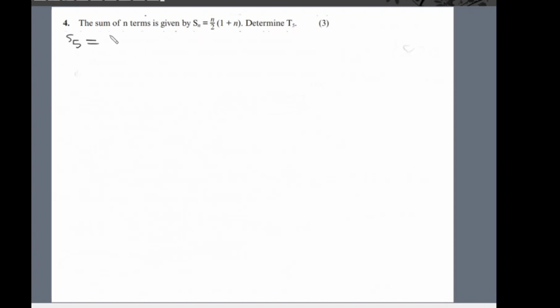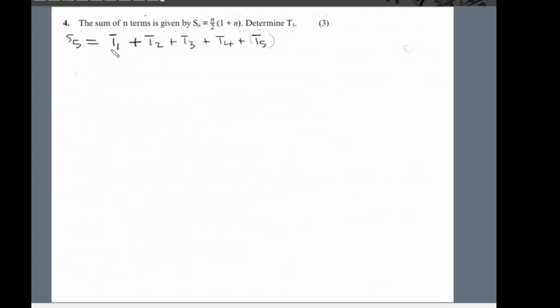So you will see that S5 is equal to T1 plus T2 plus T3 plus T4 and plus T5, right? So they said calculate T5. To calculate T5, you will take all these terms to the other side.